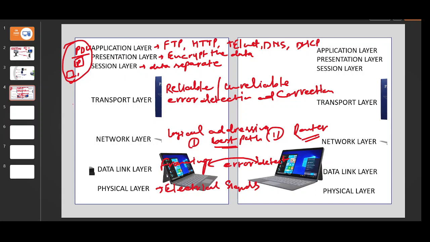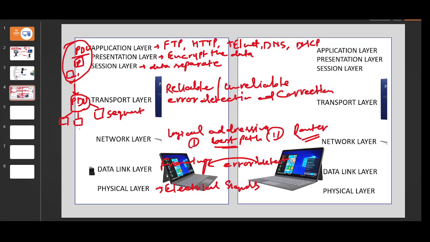Now at this point, data comes directly here. This is PDU. Now data is segmented into many parts. That means we divide the data into many parts. Here segment, here segment. We segment the data. Now data is known as segment.